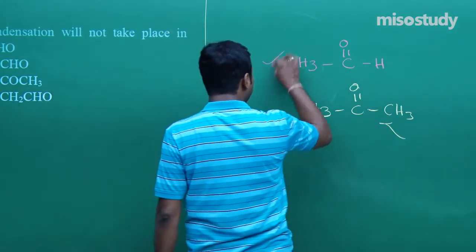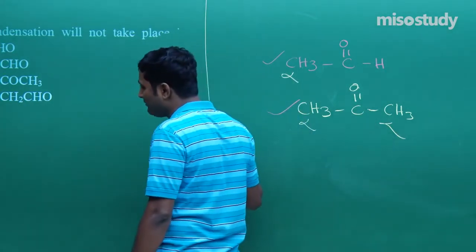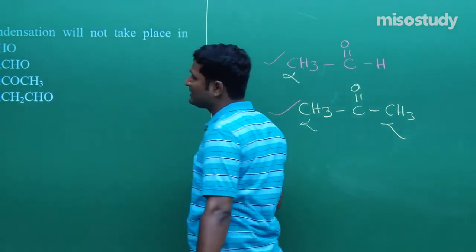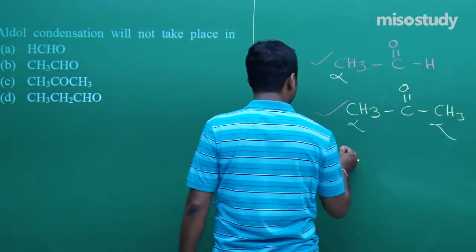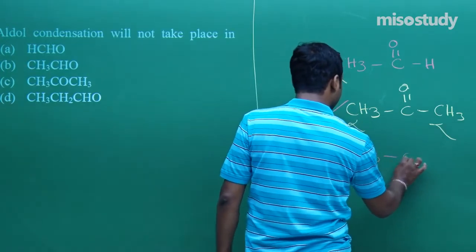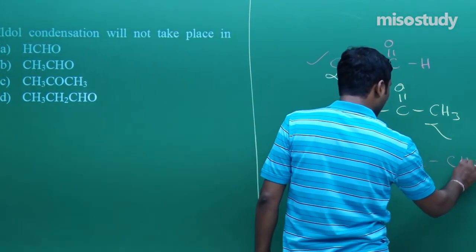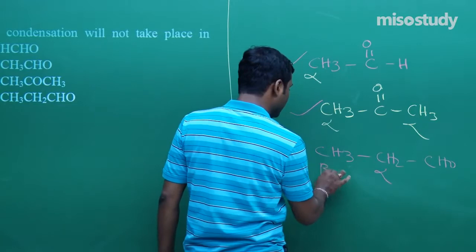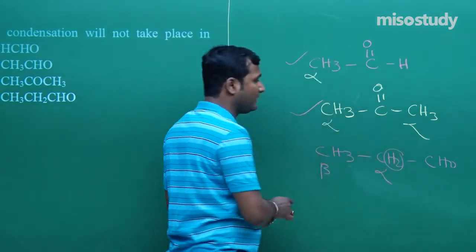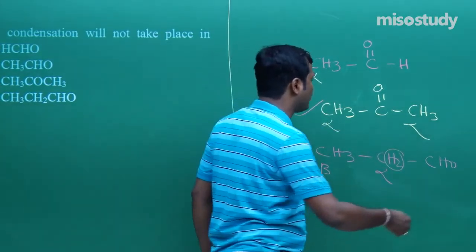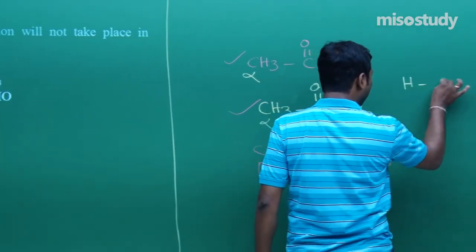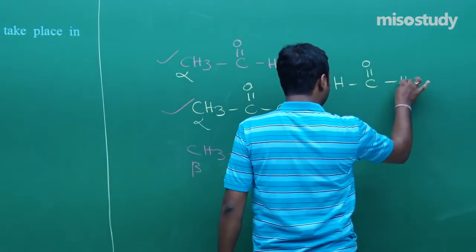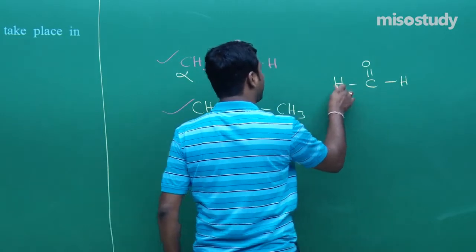So acetaldehyde and ketone can give it, similarly in the case of CH3CHO also. Here is CH3CH2CHO. Look at this one is alpha, this one is beta carbon. So it also contains beta hydrogen. But if I talk about HCHO, look at this one. This does not contain an alpha carbon.